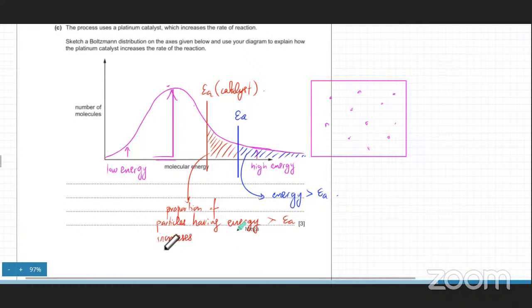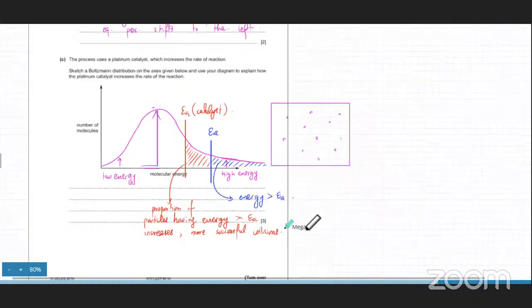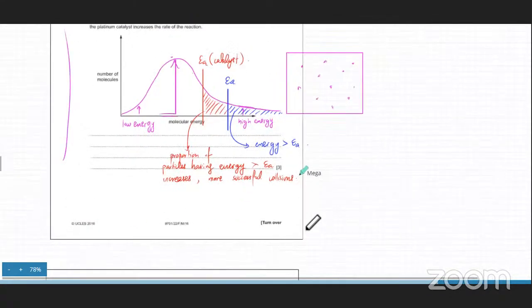And because of that, you get more effective collisions or more successful collisions. So previously, only a very tiny proportion of particles was actually taking part in the reaction, but now you have a lot more particles that are taking part in the reaction.